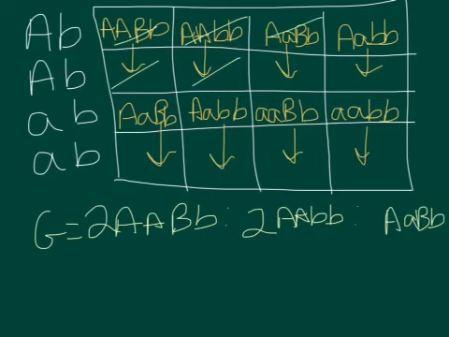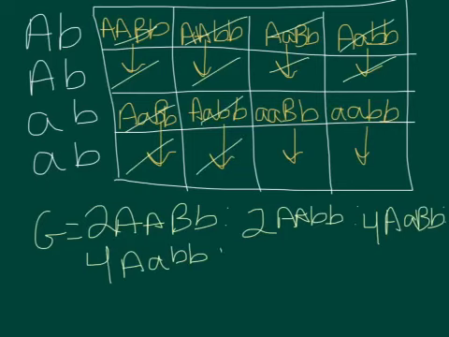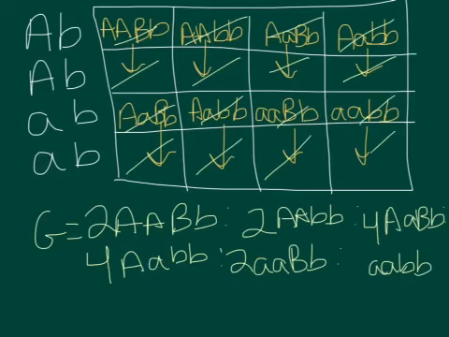We have 1, 2, 3, 4. Okay. How many capital A, little b, little b's do we have? 1, 2, 3, 4. Little a, big B, little b. 1, 2. And little a, little b. 1, 2. Okay, I know that it's complicated, but it's not that hard. It's just kind of tedious.